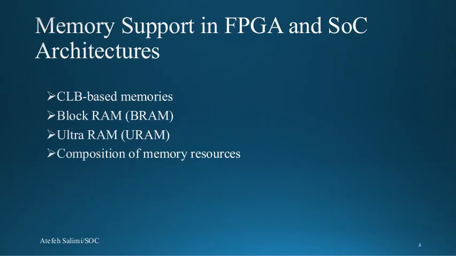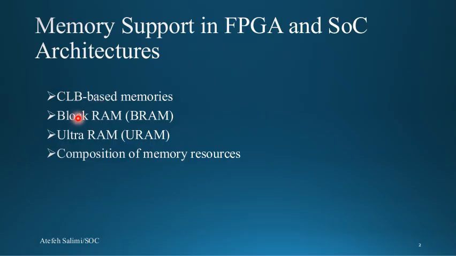Before I directly dive into the project steps, in this slide, I want to explain memory support in FPGA and SoC architecture. As you could see, they have been categorized in this slide. For example, we have CLB-based memories, which are the smallest memories that we have on the FPGAs or SoCs, and they are created based on the lookup tables.